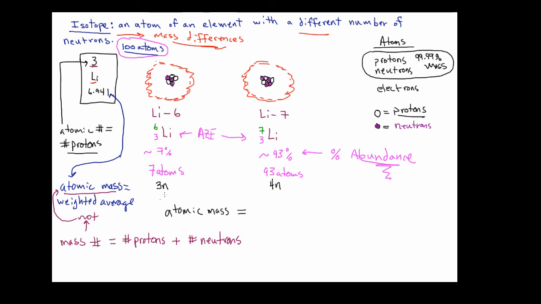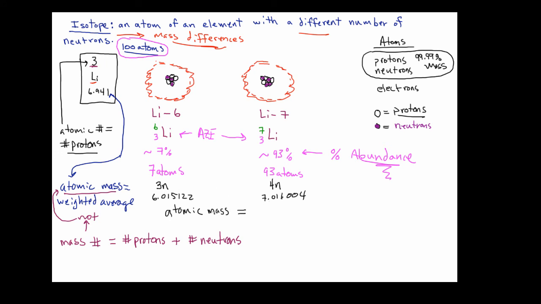Now, for the lithium-6, its atomic mass is 6.015122. And for the lithium-7, its atomic mass is about 7.016004. You can look these up on the internet, and you may find slightly different numbers depending on the site, but this is what I found.